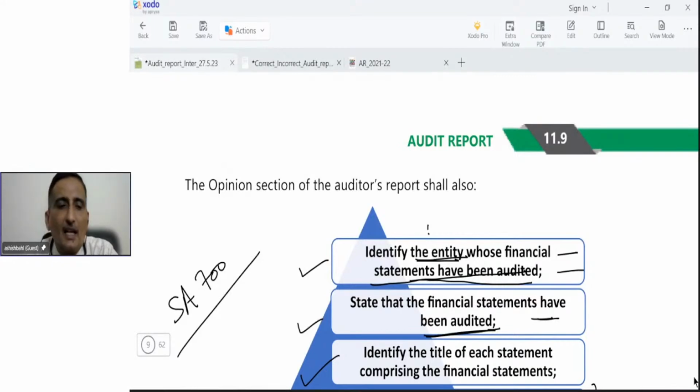Yes, Bhumika, be quick a little more. Yes, Bhumika, tell me, everybody is stuck up with you. What do you want? Modified or unmodified opinion again, or opinion section?